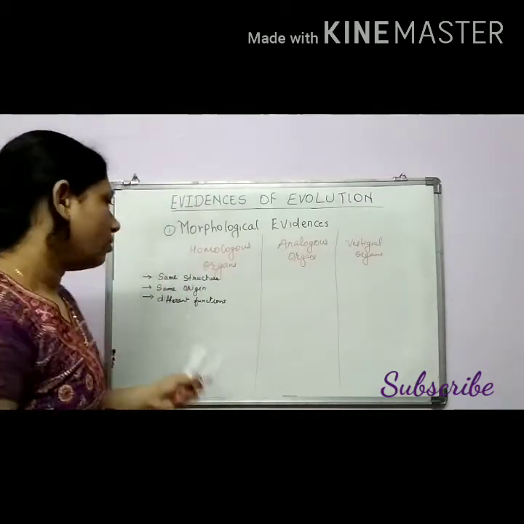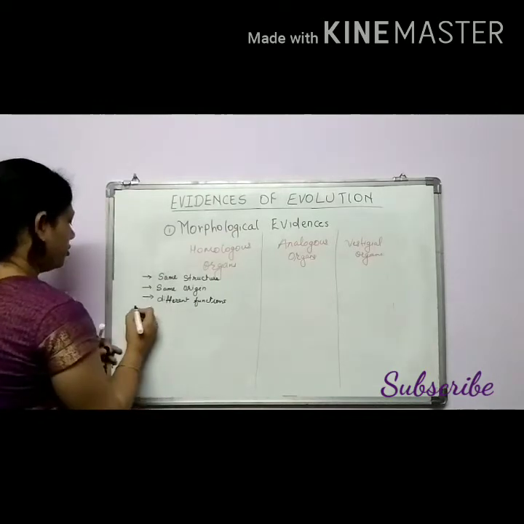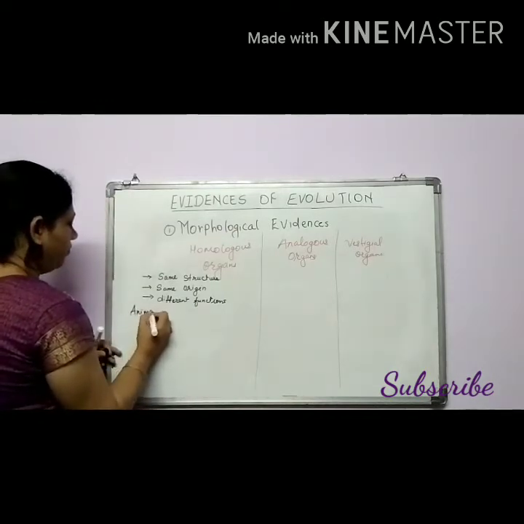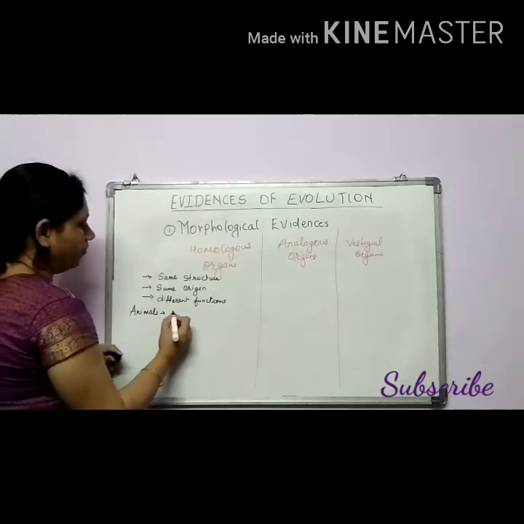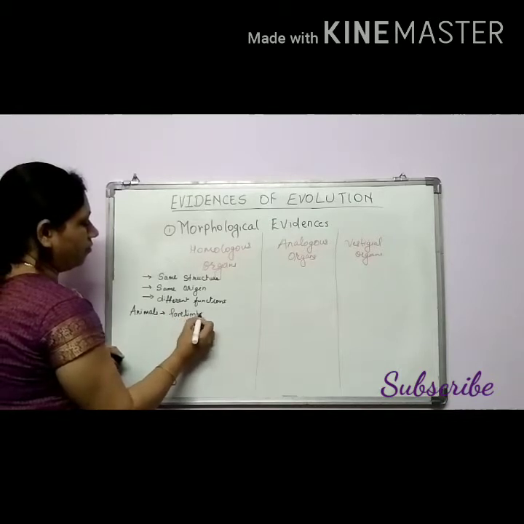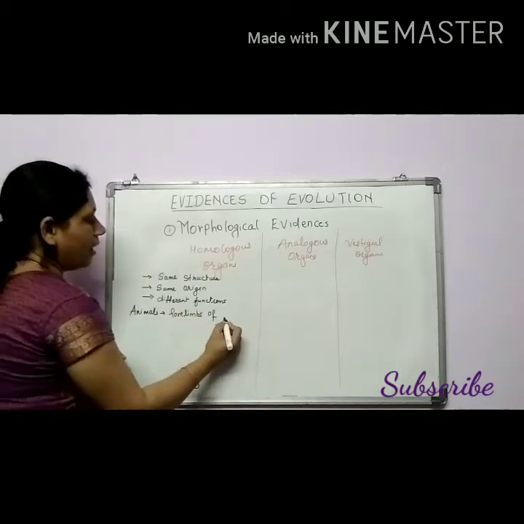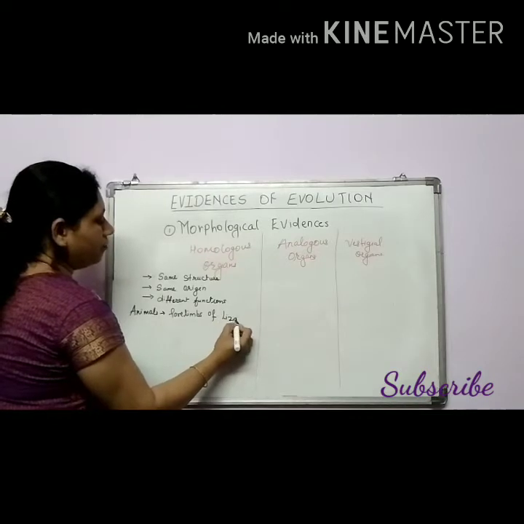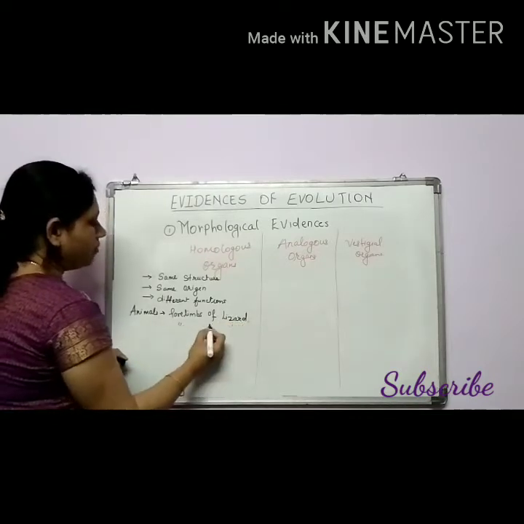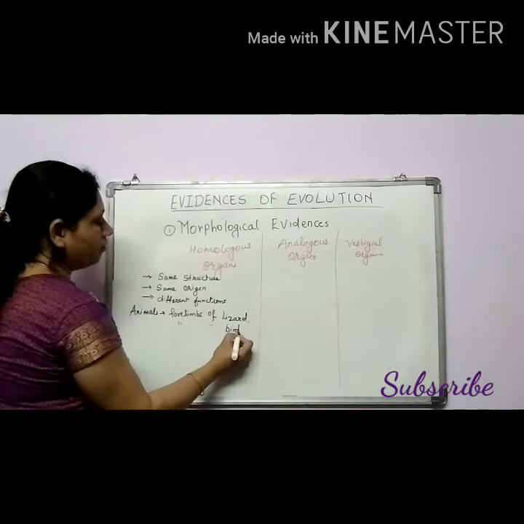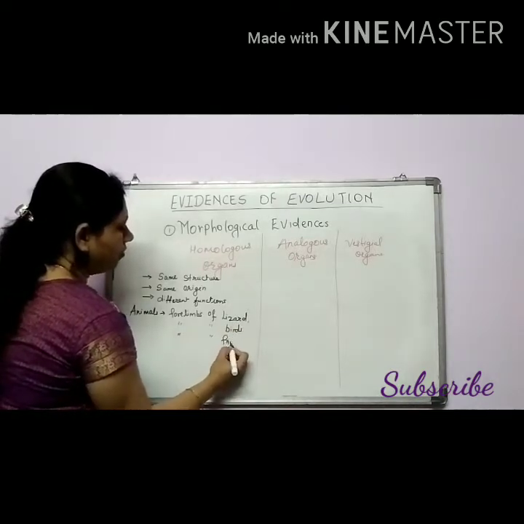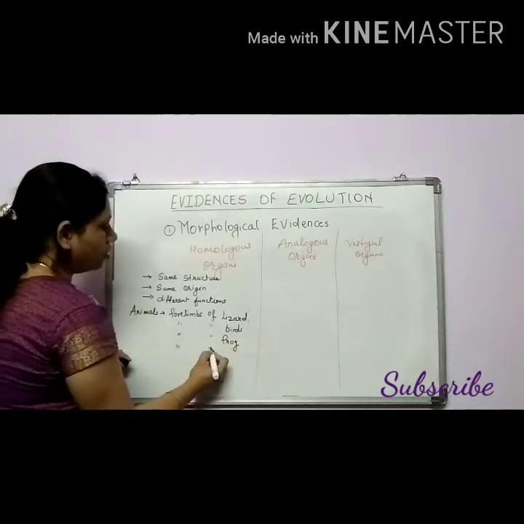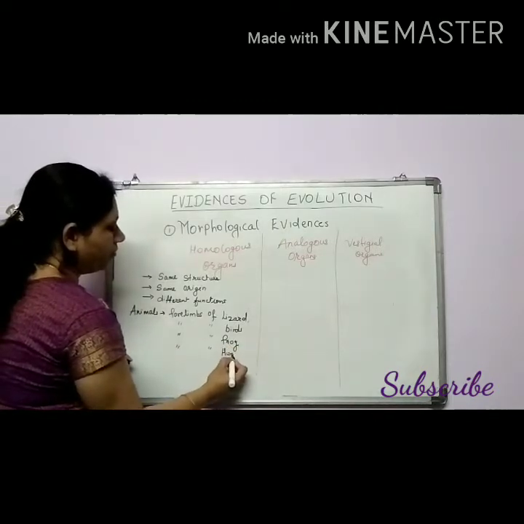So in animals, first of all, there are the forelimbs of lizard, forelimbs of birds, forelimbs of frog, and also forelimbs of human beings.